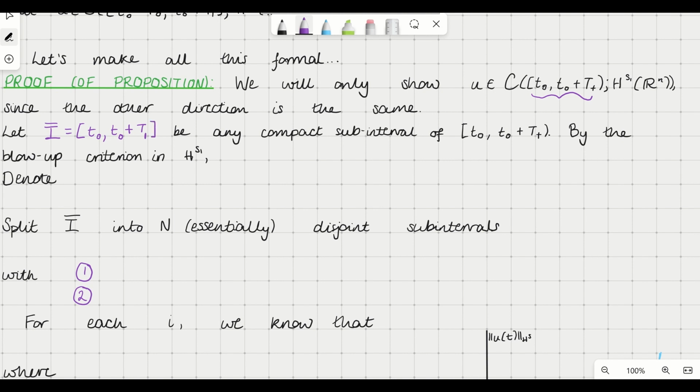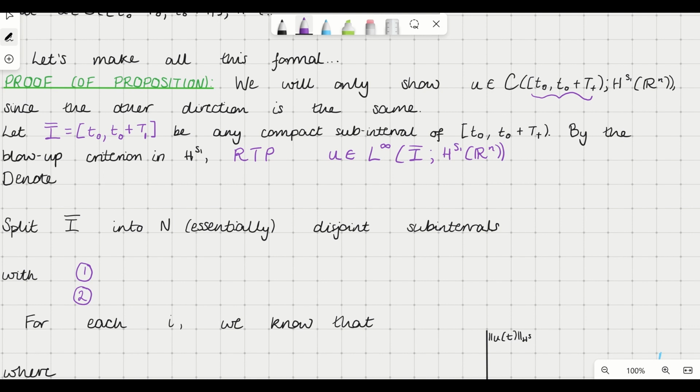By the blow-up criterion in HS1, we know that it's in fact sufficient to prove, it remains to prove, that u is in L infinity of this compact interval into HS1, because this means that the norm of u can't blow up in HS1 on the interval, and we saw that whenever we reach the endpoint of the interval of existence in HS1, then the solution has to blow up, so this can't happen on the interval I bar, so it must stay in HS1 on the whole interval.